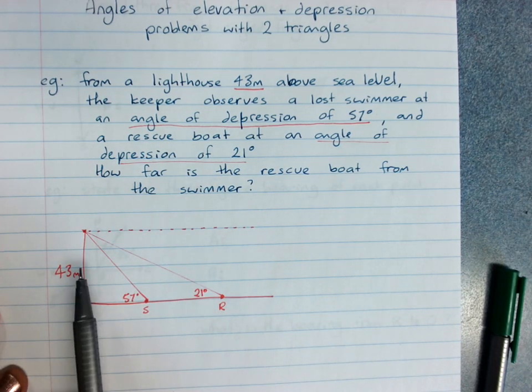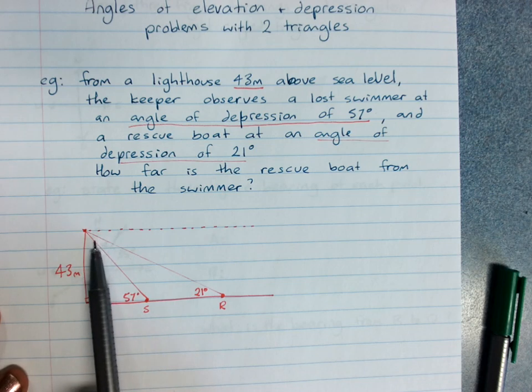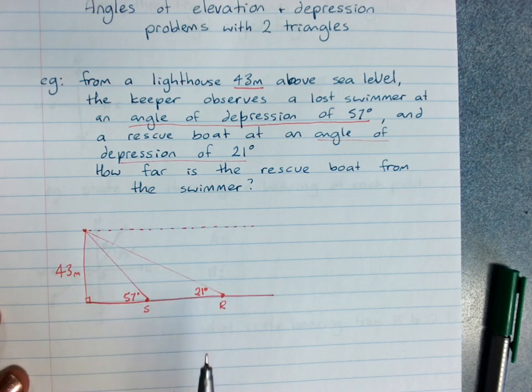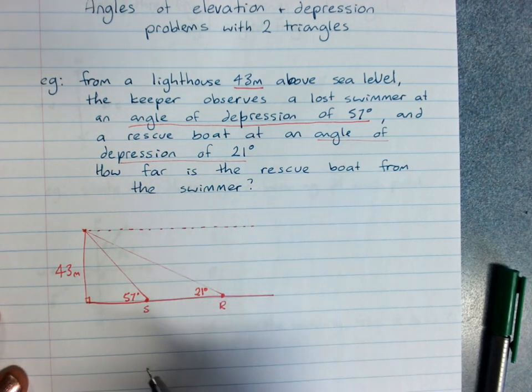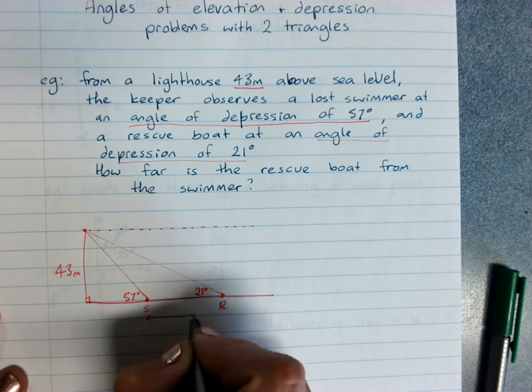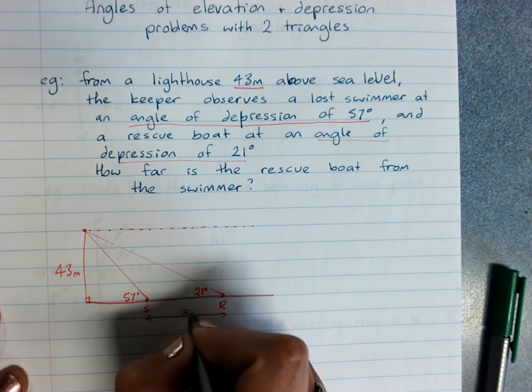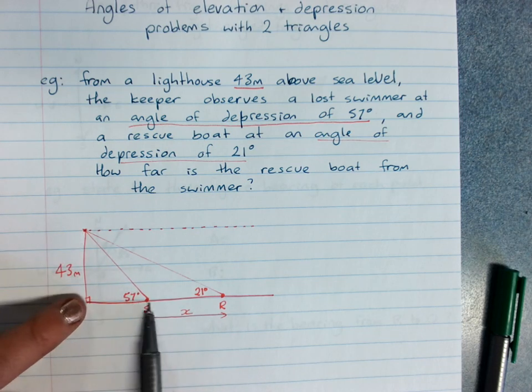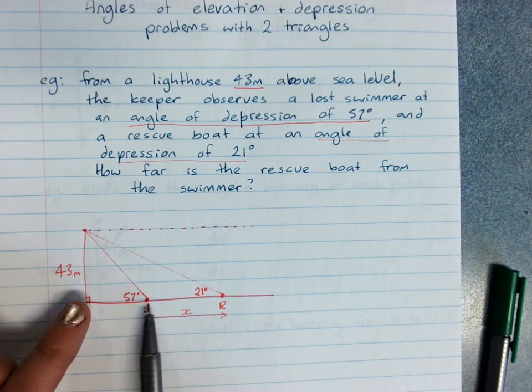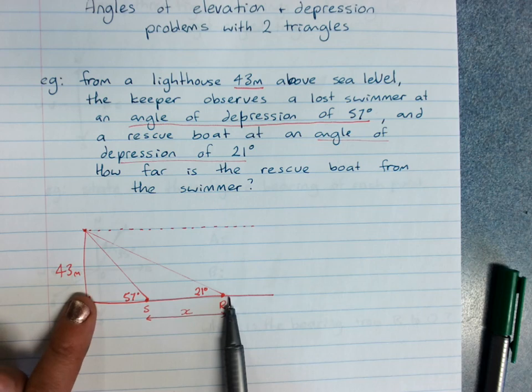And now what we have is two triangles. Now we've got three. We've got this triangle in here as well, but that is not a right-angled triangle, so we can't use it. What we want to know is how far the rescue boat is from the swimmer. I want that distance there. But to get that, I'm going to have to find this distance with my little triangle, that distance with the big triangle, and subtract.